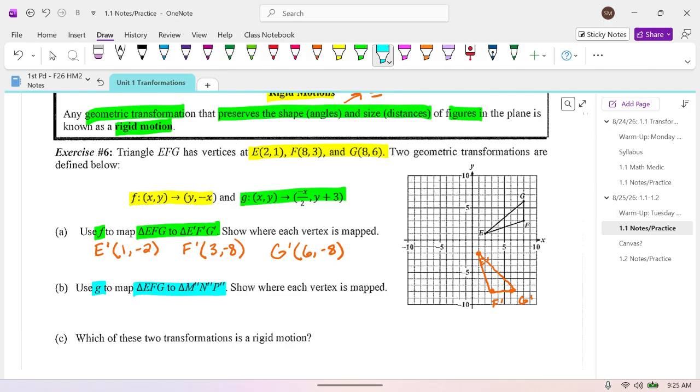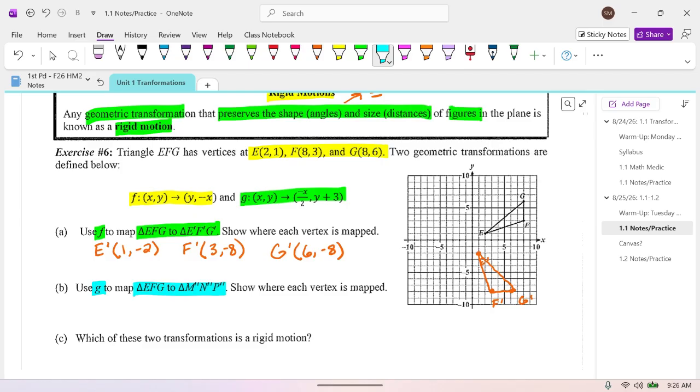Okay, I don't know why they use different letters, but whatever. Usually when you, oh no, I know why. Usually the reason they didn't name it EFG double prime is because that would imply that we took the prime points and did that transformation to those points, but we're using the original.